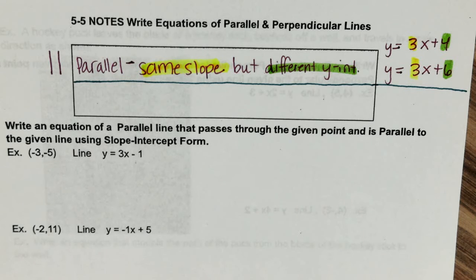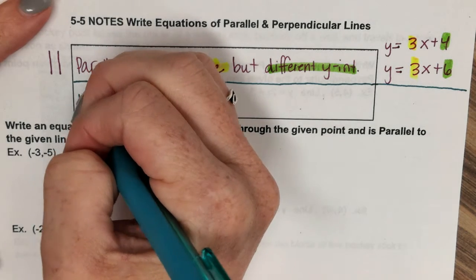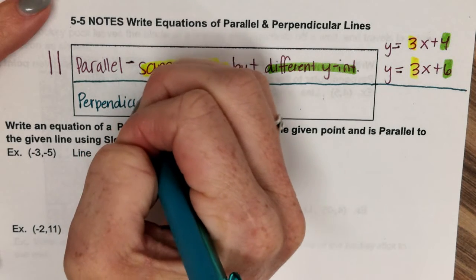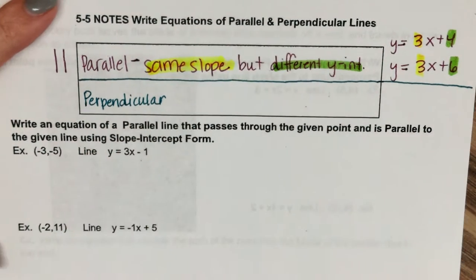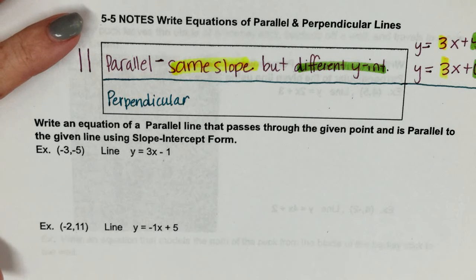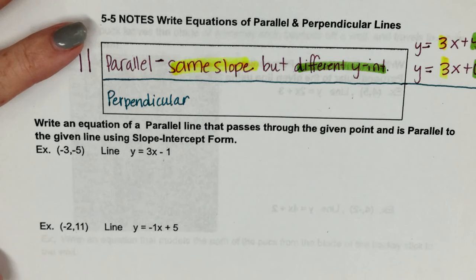On the other hand, perpendicular lines are lines that meet and make a perfect T. They make perfect 90-degree angles.